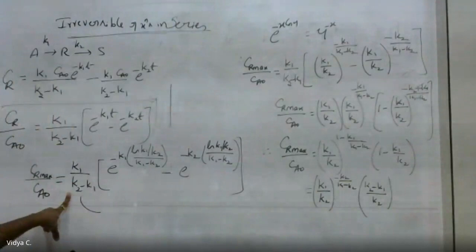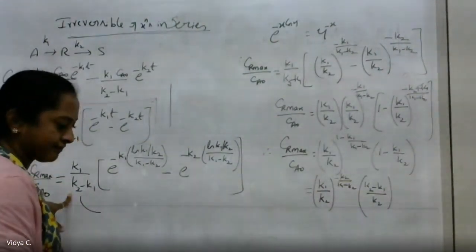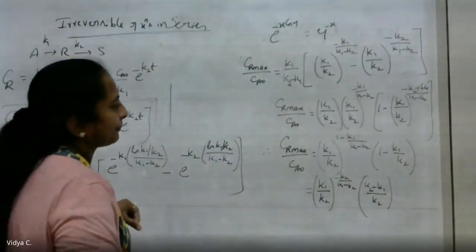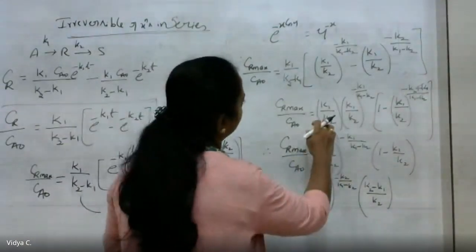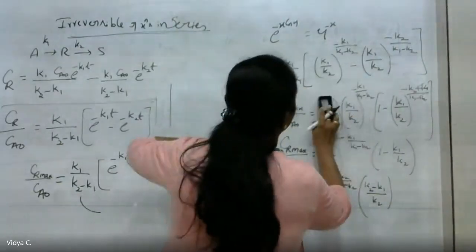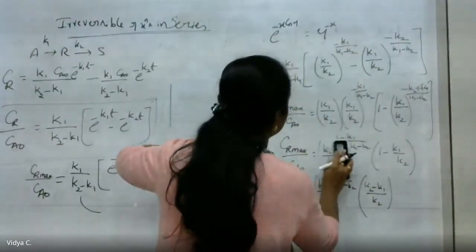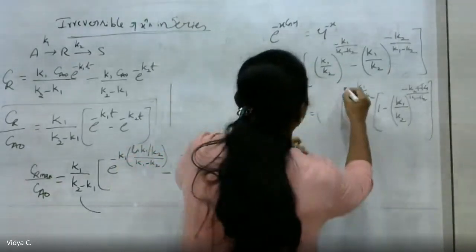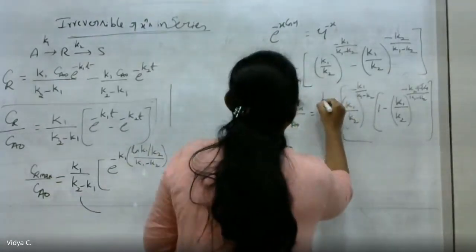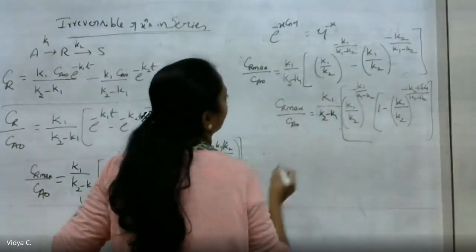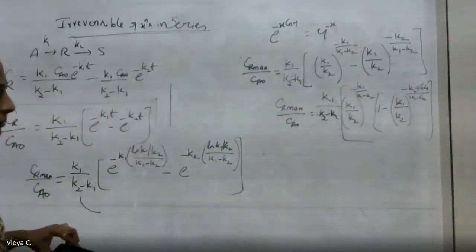K1 by K2 minus K1. Okay. I think in here we are correct. Yes. Okay, from here, let me do a bit change. So I have to put the brackets here, right? And it's just because of missing this term K1 by K2 minus K1. Okay. That is correct.